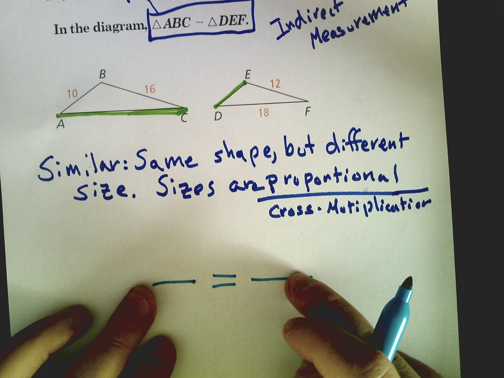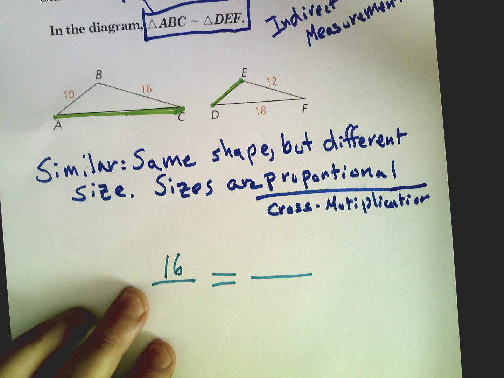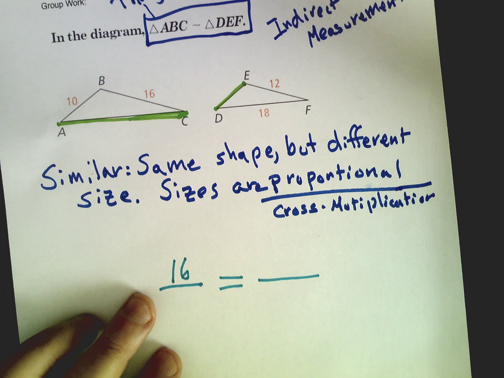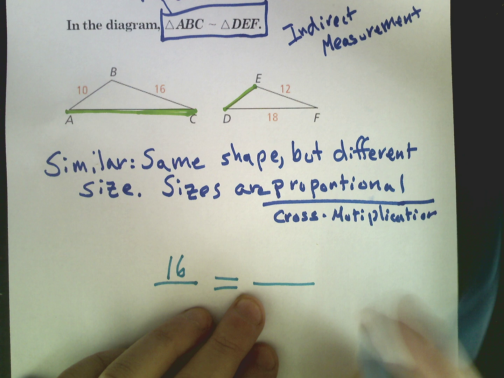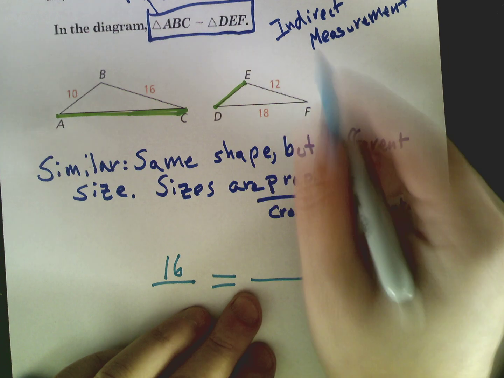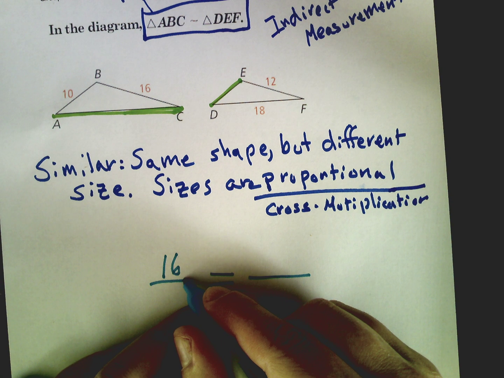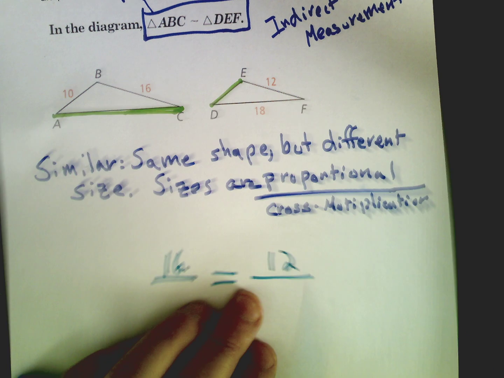Now, BC is 16. I'm going to put that on top. I'm going to keep the middle one on top. Now over here on DEF, EF is 12 from our information here. So if I put this on the top, the same spot, the same side on top here, I have to put the same spot on top here.